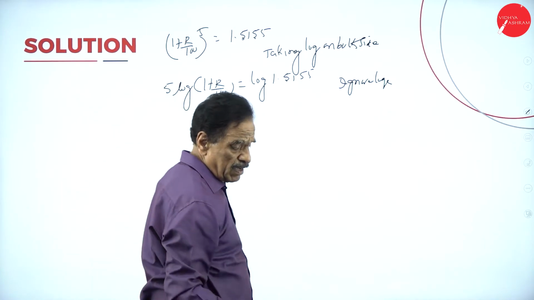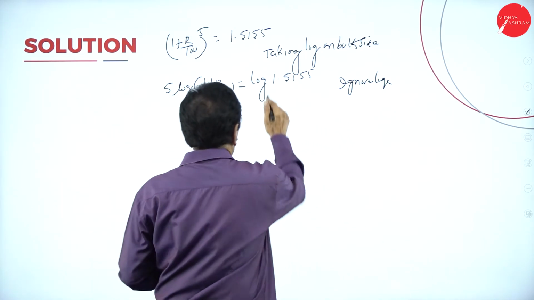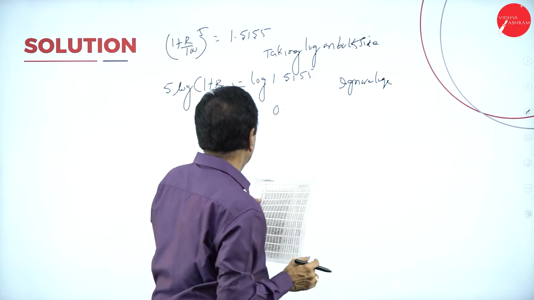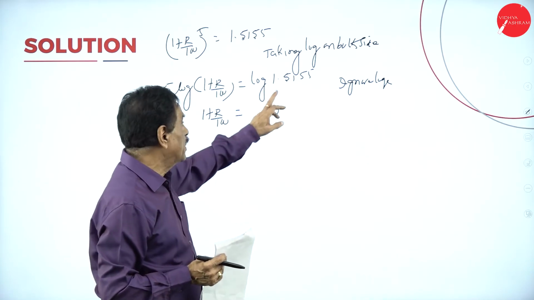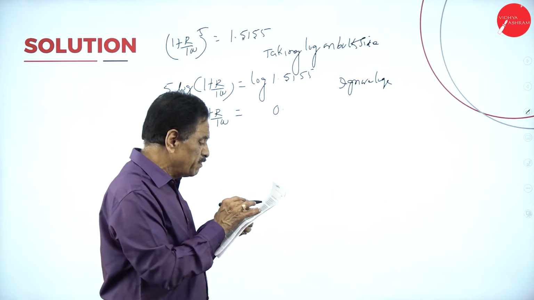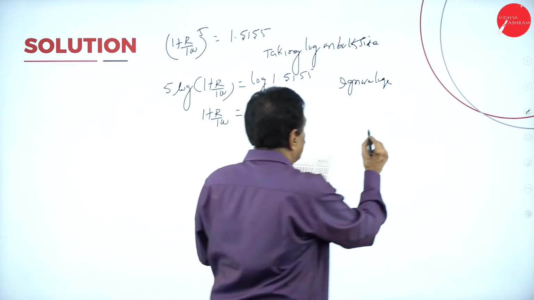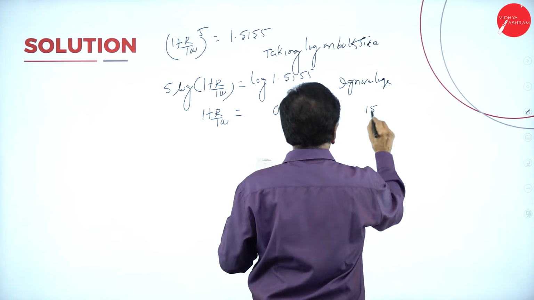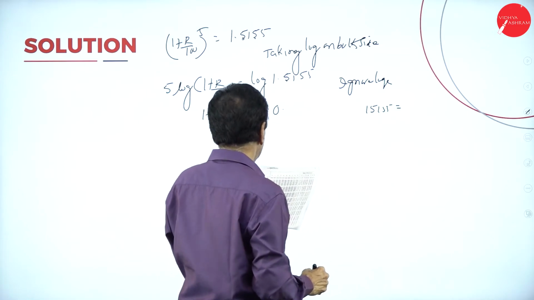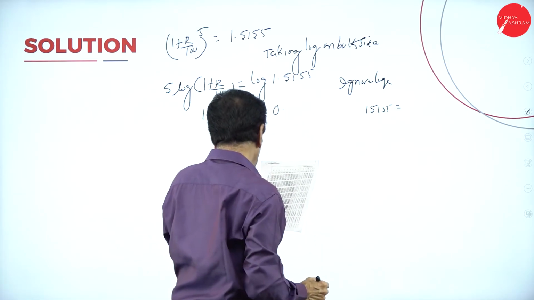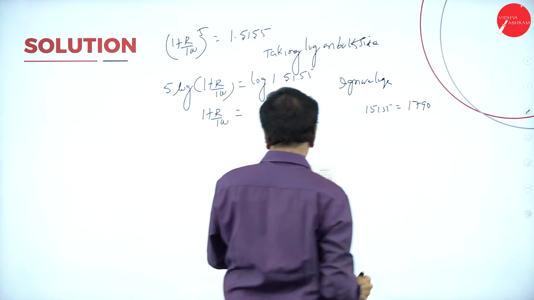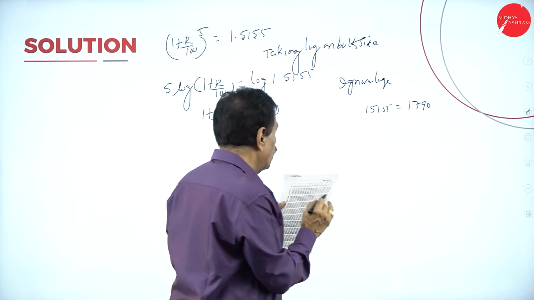See the logarithm table. For 1, the characteristic is 0. For 15, you have to see the row 15 and the column 5. It becomes 1790, and for the 5 mean difference is 14.